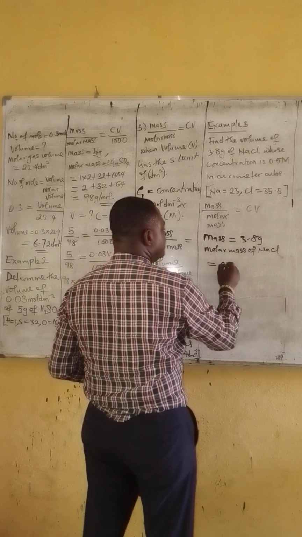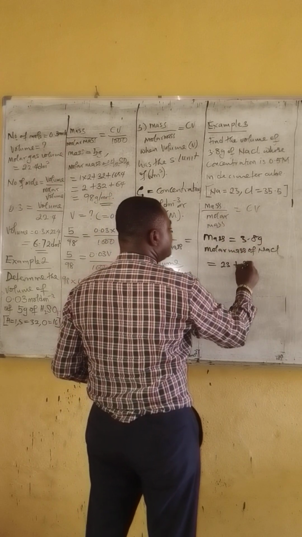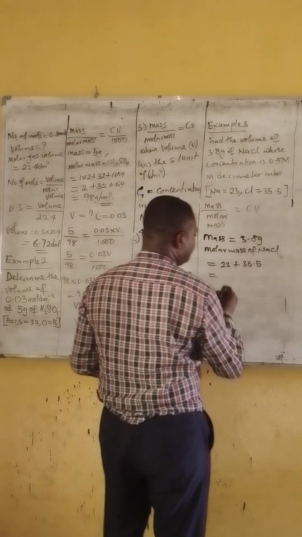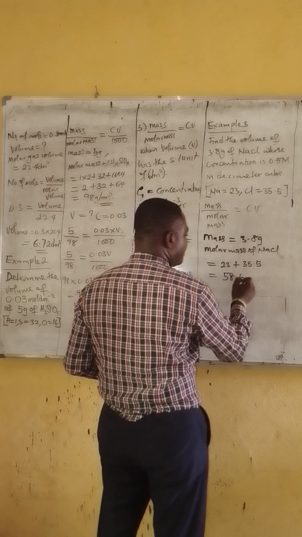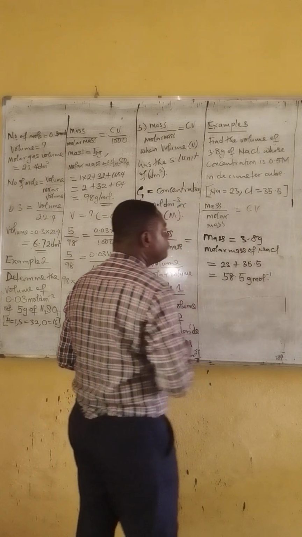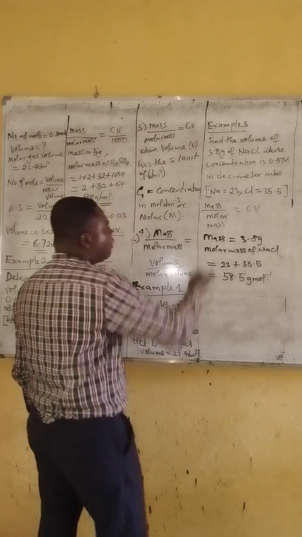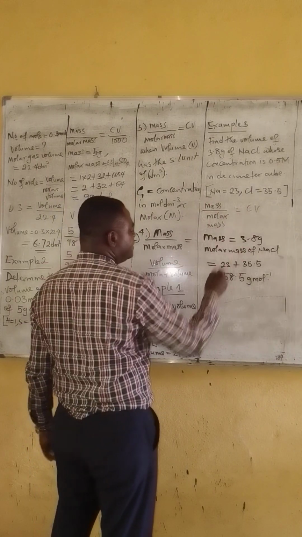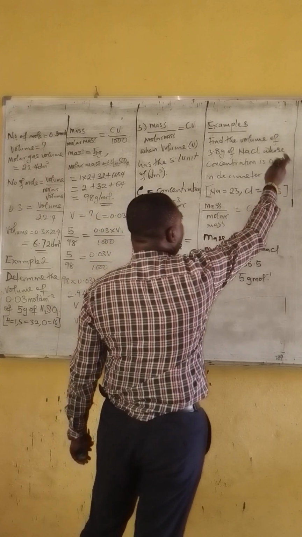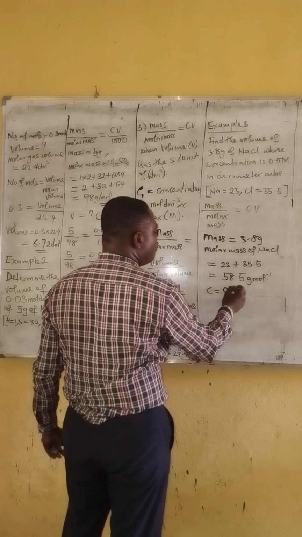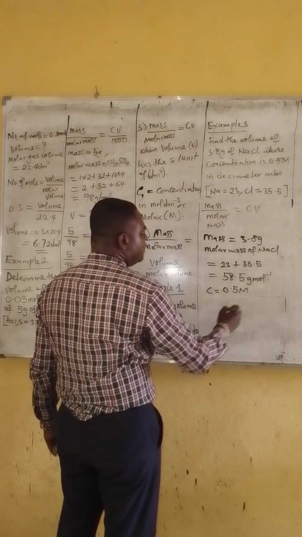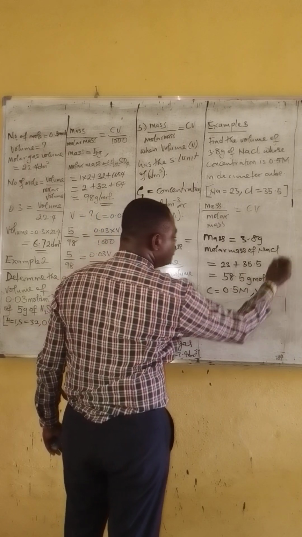Na is 23, Cl is 35.5. So we have 58.5 gram per mole. Now, we come back to the formula. Then our C is any number that carries either capital letter M or mole per dm cube. That's 0.5 molar. Then our volume is unknown. That's what they asked us to find.